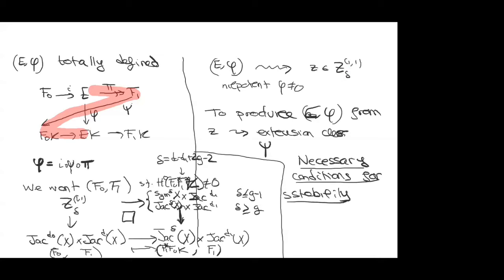Since we're starting with a semi-stable bundle in the nilpotent cone and D0 is the degree of the kernel, we have that D0 has to be smaller than D1.